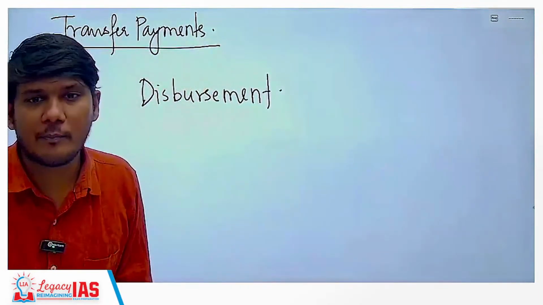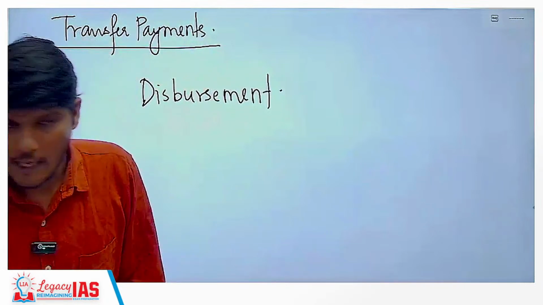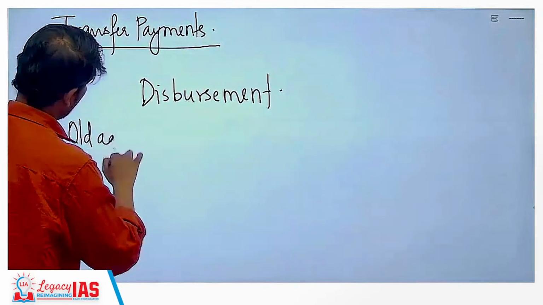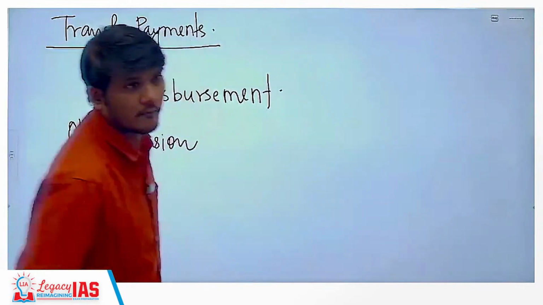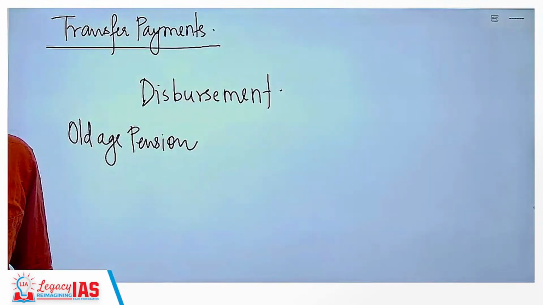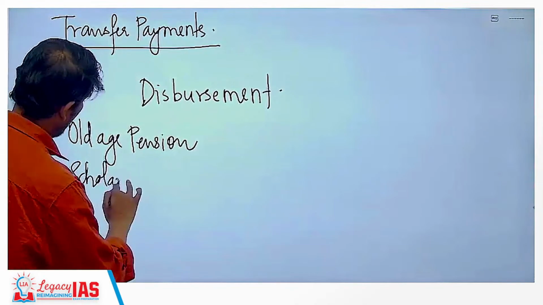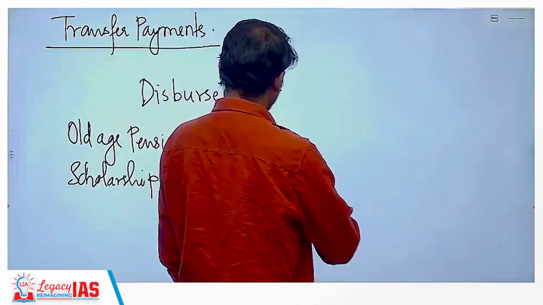And this transfer payment is not taken into account in GDP. Examples of this transfer payment are old age pension, scholarship. There is a concept of universal basic income.